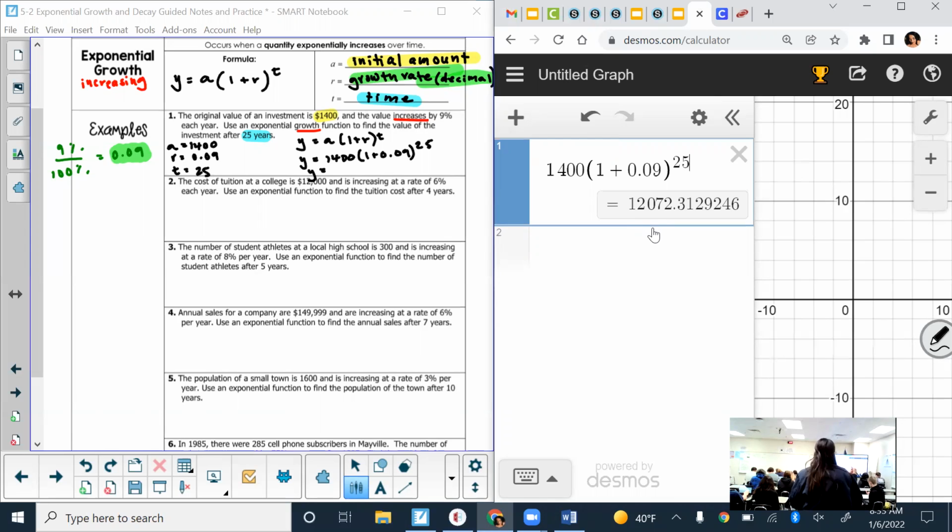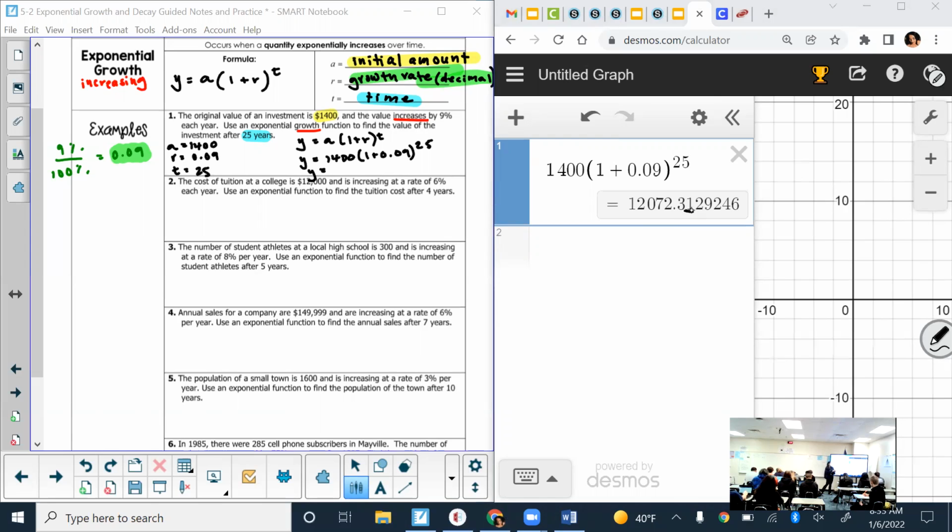Now, how do I know how much to round this number? Someone did say it. Because it's money, right? So how many decimal spots does money go to? 2. So remember your rounding rules. I always have to review them.